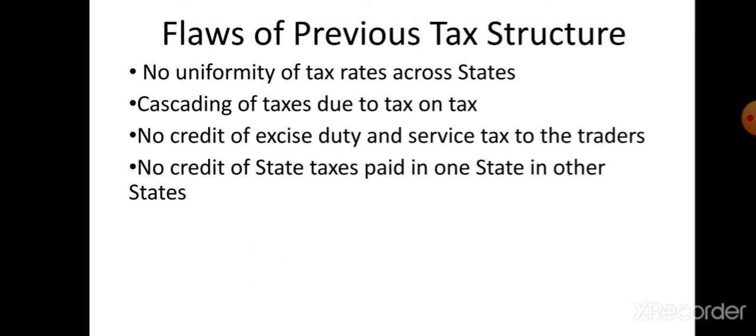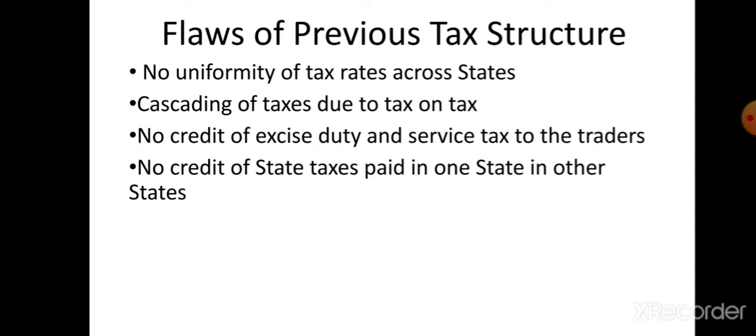What are the flaws of the previous tax structure? I just told you the defects of the previous tax structure. The first flaw is that there was no uniformity of tax rates across the states. This is one of the major defects in the indirect tax structure.